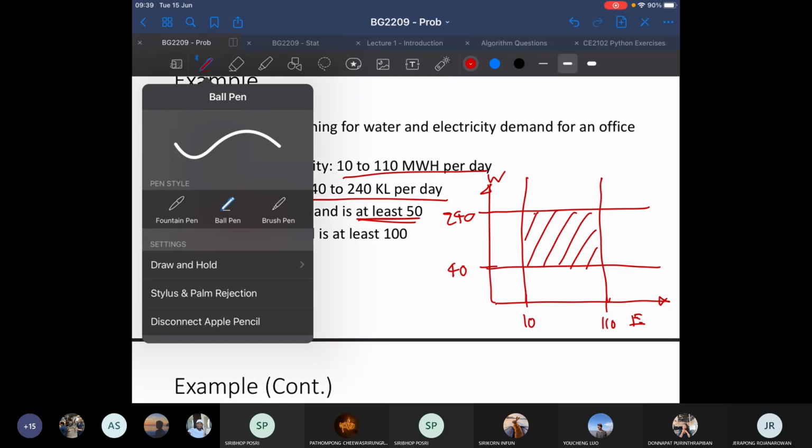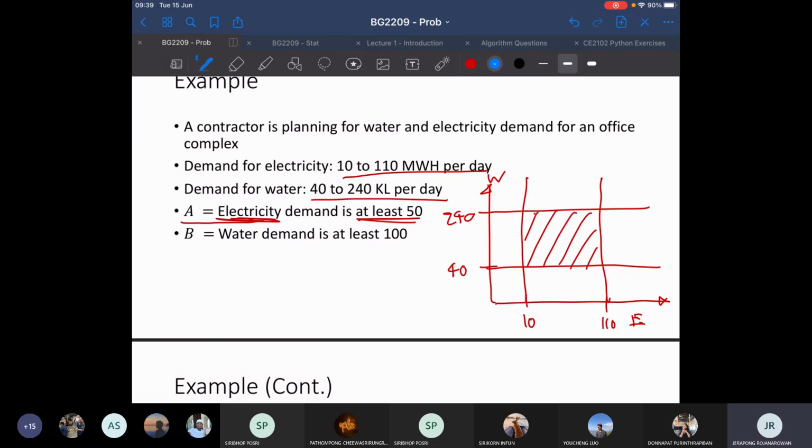So let's change the color. 50, right? So 50 is gonna be here. So A is at least 50. At least 50 is gonna be this part, right? And then water is at least 100. At least 100 is right here. At least 100 is this, the black one.